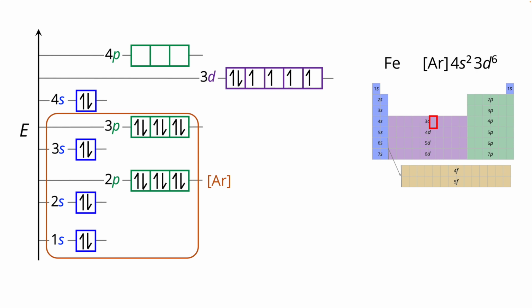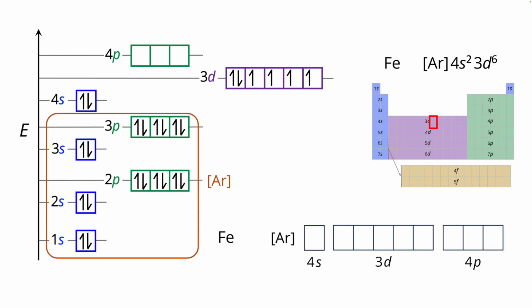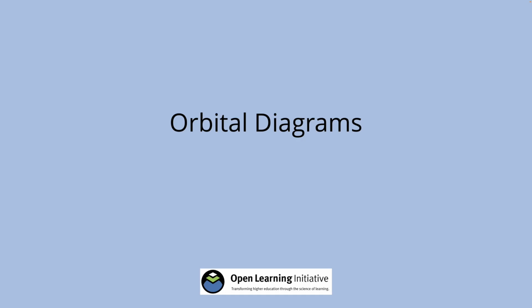And so we have 4 unpaired electrons in the 3d subshell, and our condensed orbital diagram is argon, 4s2, 3d6, and we're explicitly showing the electrons, which orbitals they're in, and their spin states. And that's it for an introduction to orbital diagrams.